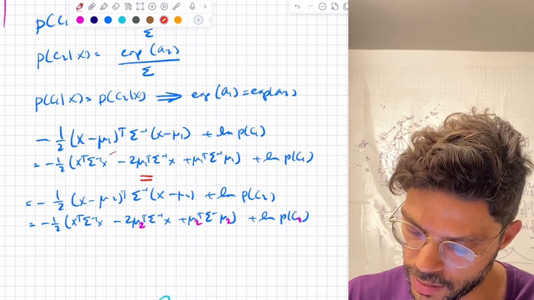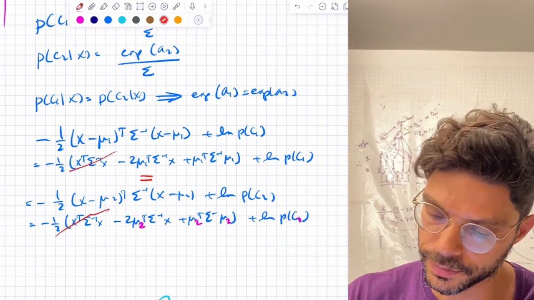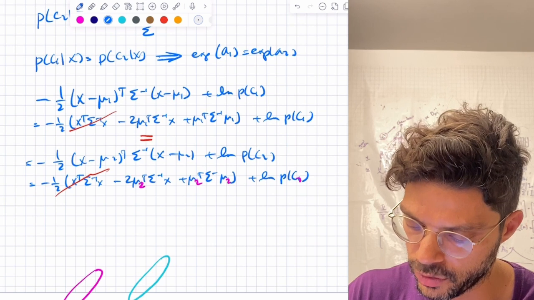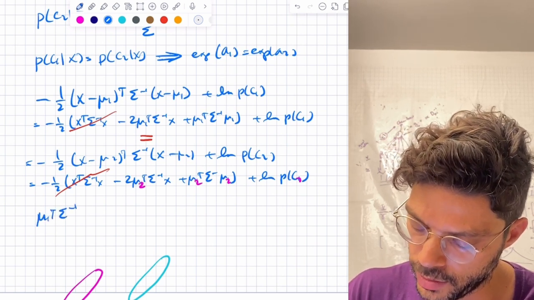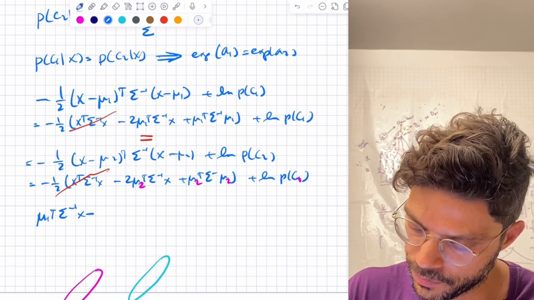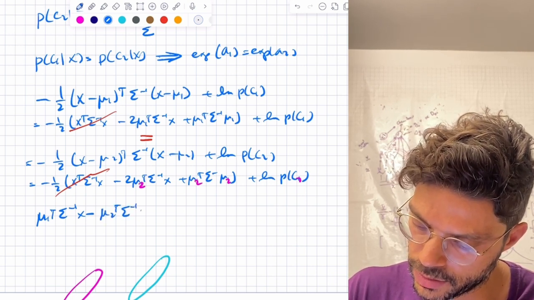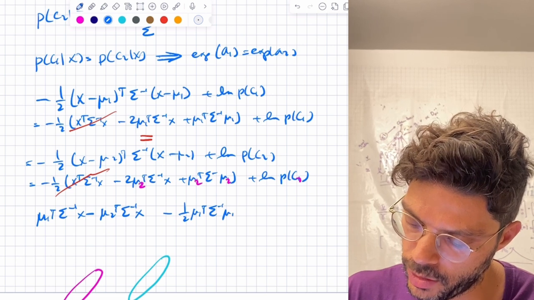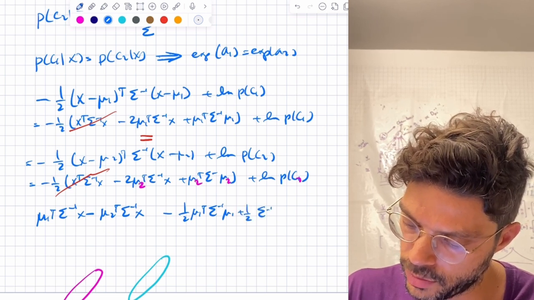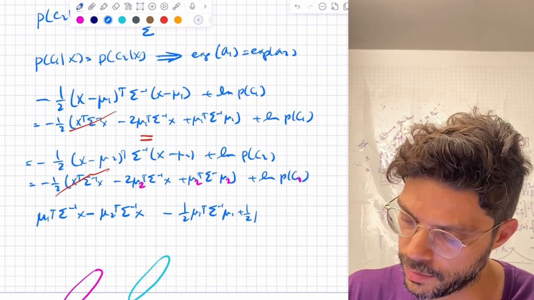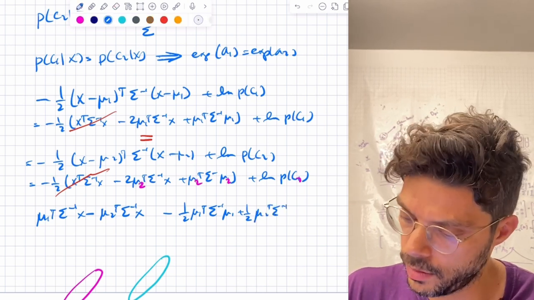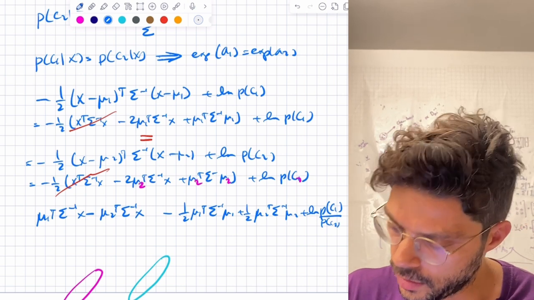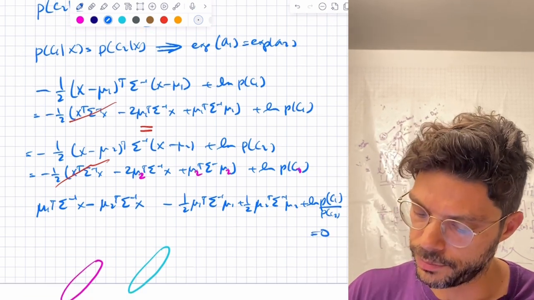Then we set these equal to each other, that cancels, that cancels, and you end up with a decision boundary where mu1 transpose sigma inverse X minus mu2 transpose sigma inverse X minus 1/2 mu1 transpose sigma inverse mu1 plus 1/2 mu2 transpose sigma inverse mu2 plus ln P of C1 over P of C2 equals 0.